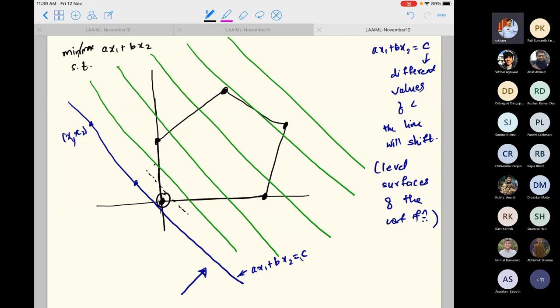Do you see geometrically how I'm getting at that particular point only? And if this cost function level surface becomes parallel to one of the constraints, then what happens? It intersects with the entire side in one go, and that's it. Then you get the minimum as the entire line segment, right?